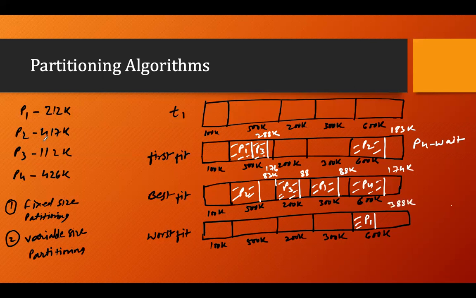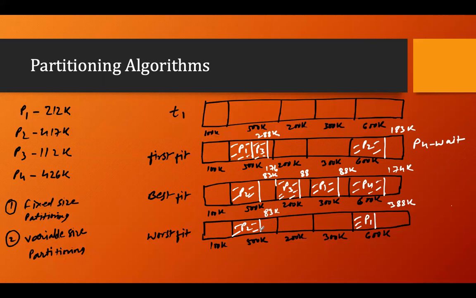Then 417 we can accommodate here, the biggest one after that. So P2 will come here, and the leftover will be 83K.